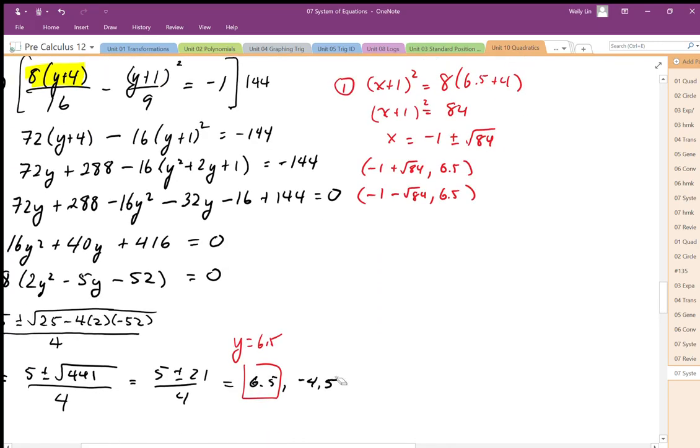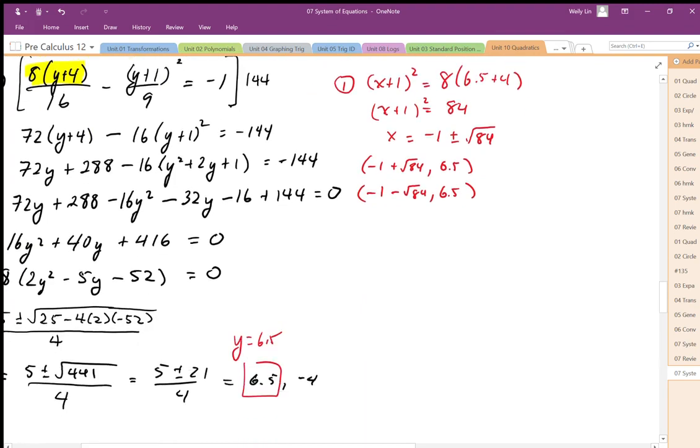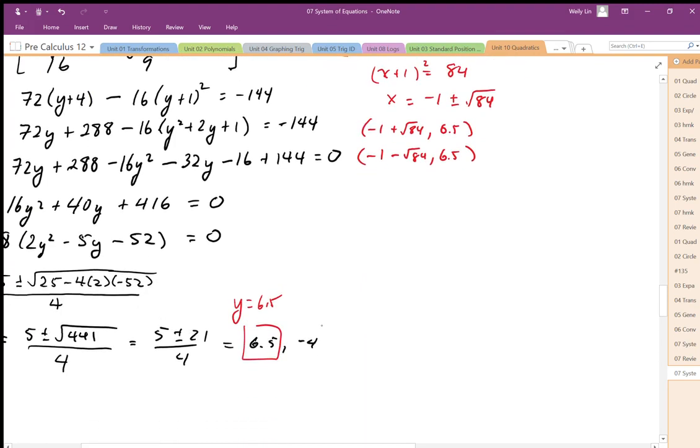Oh, wait a minute here. I think I made a mistake with this. What's 5 minus 21? It's negative 16, isn't it? So that's just going to be minus 4. So my other solution is y equals minus 4. I should have actually known that because that was my solution here, at minus 4.